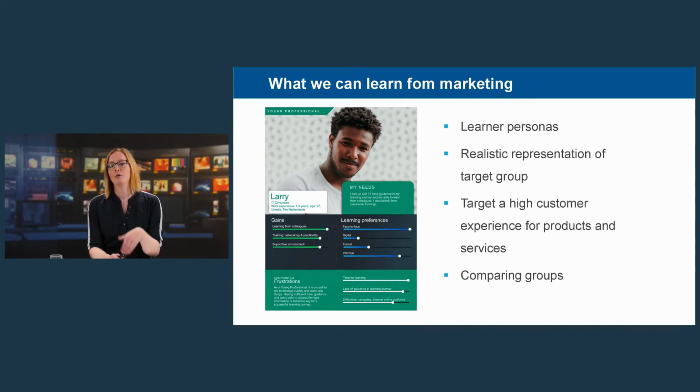And therefore you can also create a high customer experience, aka you can target a high learning experience for your products and services. And besides that, we can compare groups, so we know how people learn, when people learn, is it effective, and compare to the other group of personas, for example, the more experienced one.